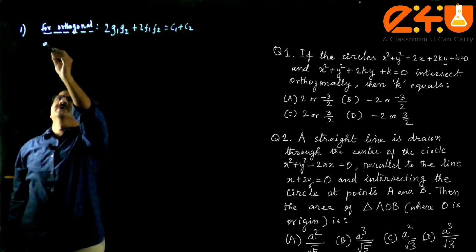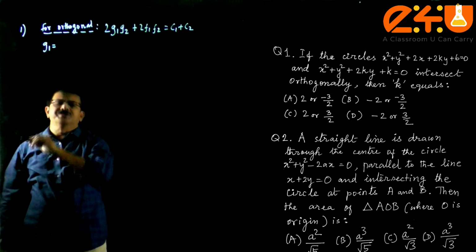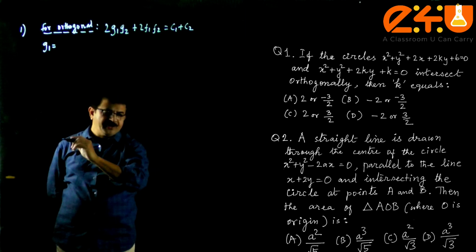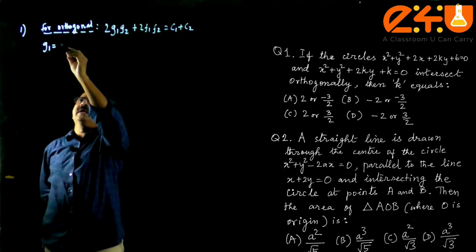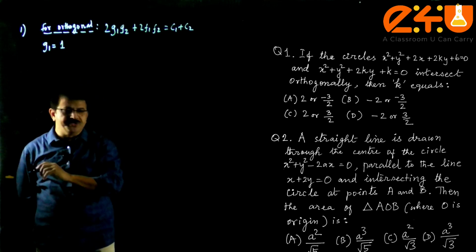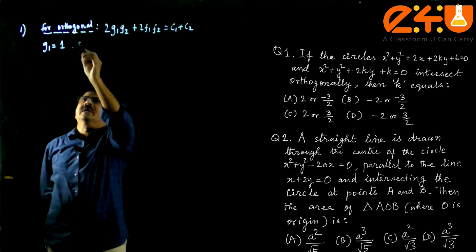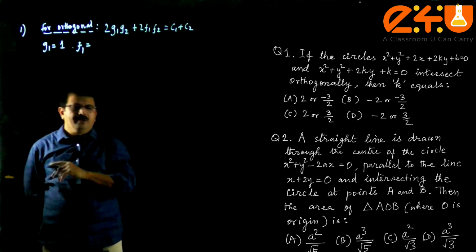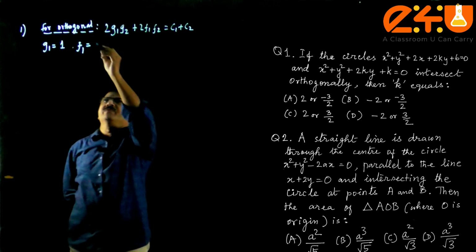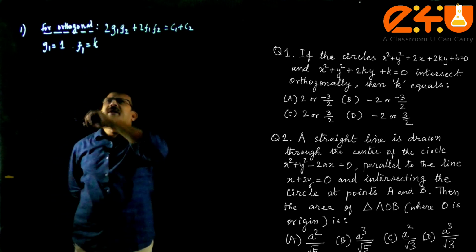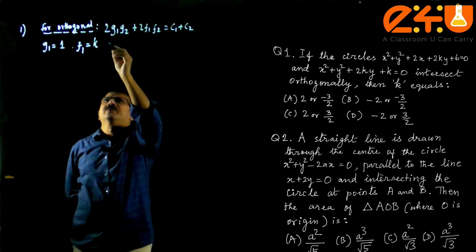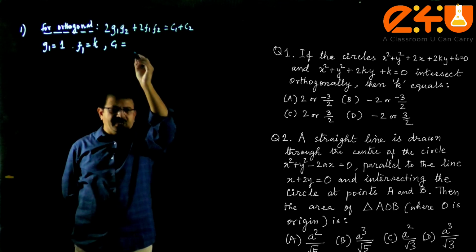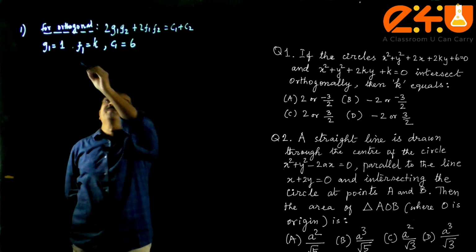Okay, so let us take down the values of the coefficients G1, G2, etc. So from first circle I get there is a 2x term, so G1 is 1, and there is the y term 2ky which gives k as F1, and I can get C1 also from first circle which is 6.